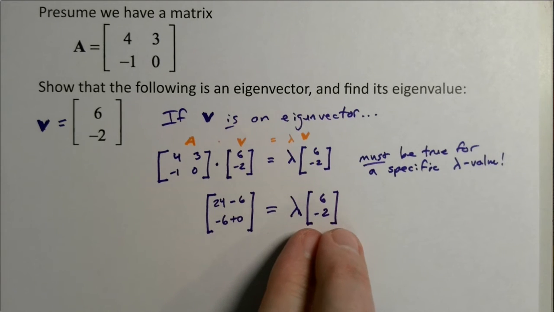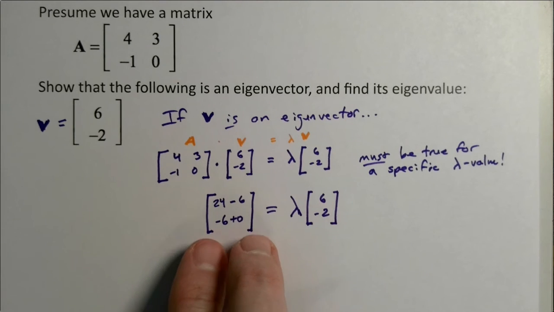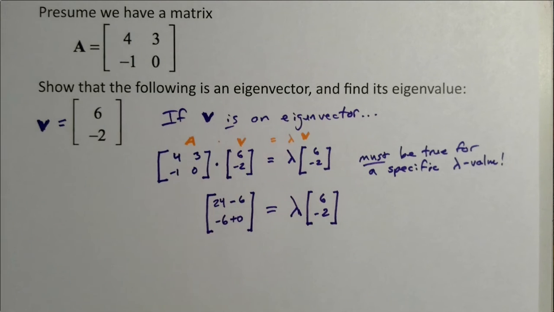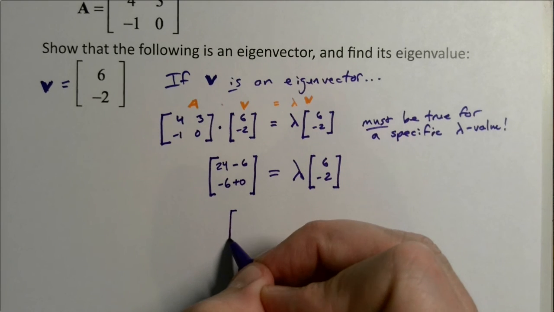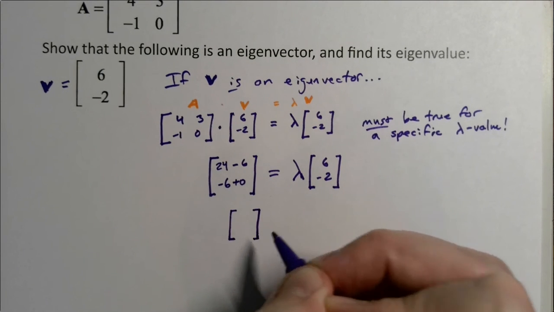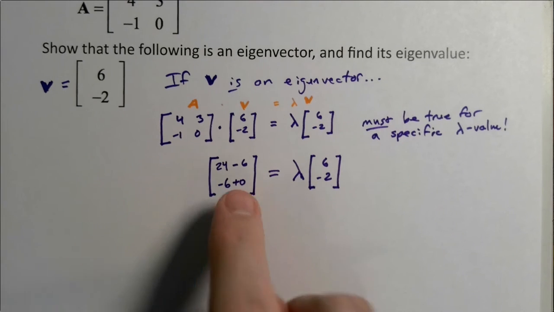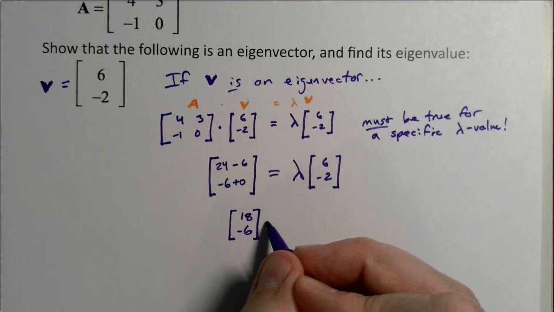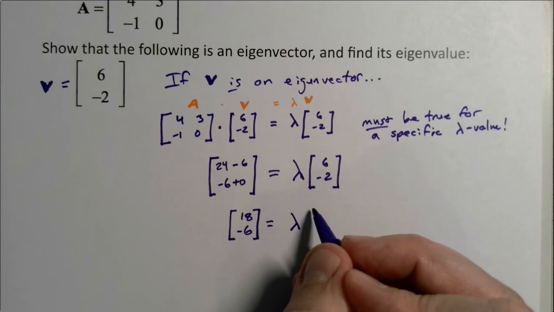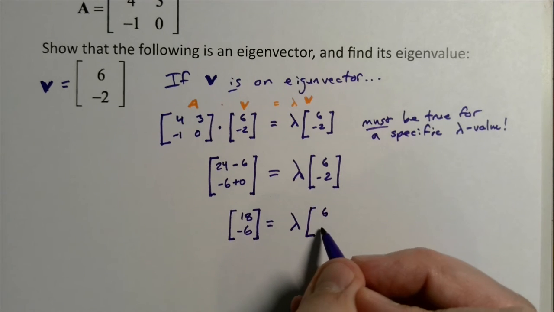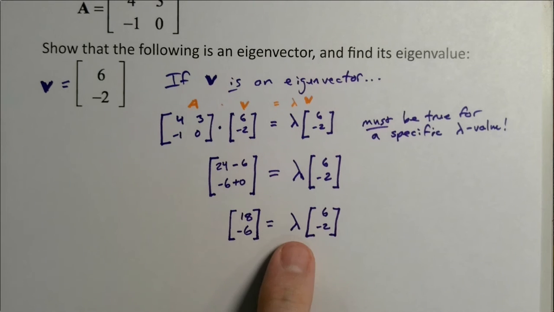Now you'll notice I didn't really do anything over here because the action is really on this side. So with a little bit of simplification, we have a column vector on this side. 24 minus 6 is 18. And this is just -6. And so the question is, is there a single number, lambda, that I can multiply this thing by to get that?